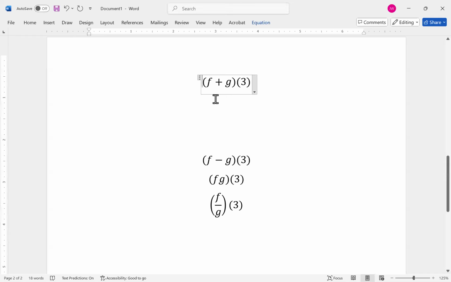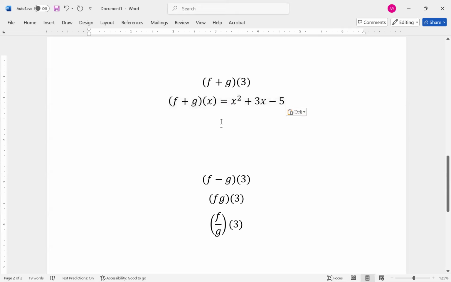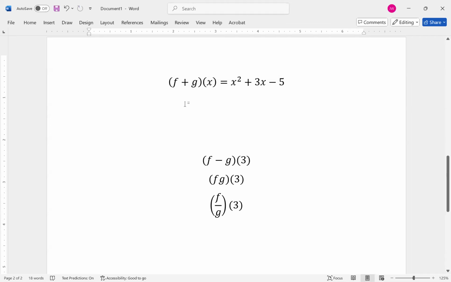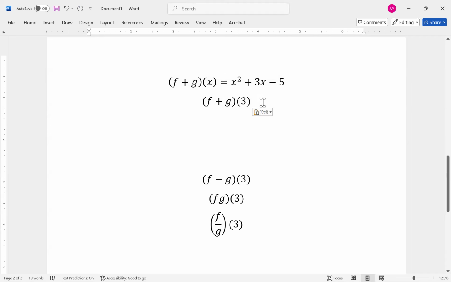We're using the same f and g as the previous example, and in the previous example, I found that f plus g of x is x squared plus 3x minus 5. Therefore, f plus g of 3, let's put it below, is going to be 3 squared plus 3 times 3 minus 5.